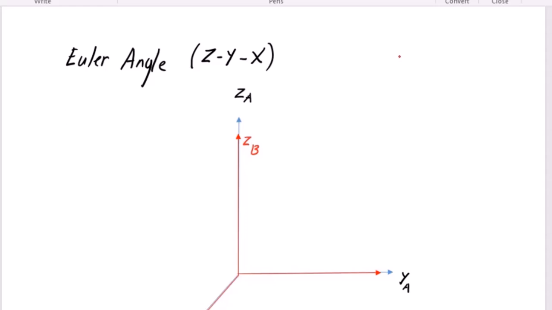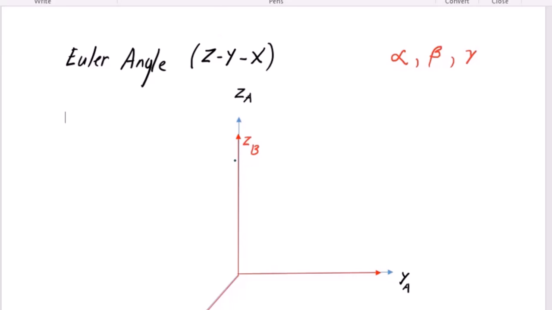The angle to be rotated about Z we will call alpha, about the y-axis beta, and for the x, gamma. So this is alpha, beta, gamma.